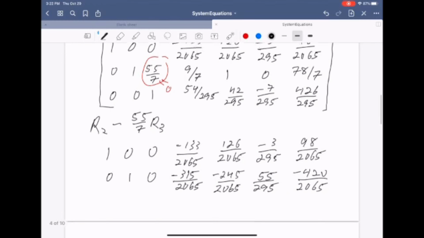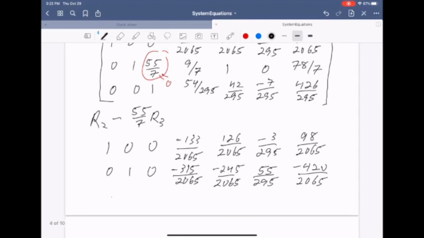And the final row is simply the one that we had before, 0, 0, 1, 54 over 295, 42 over 295, minus 7 over 295 and 426 over 295.